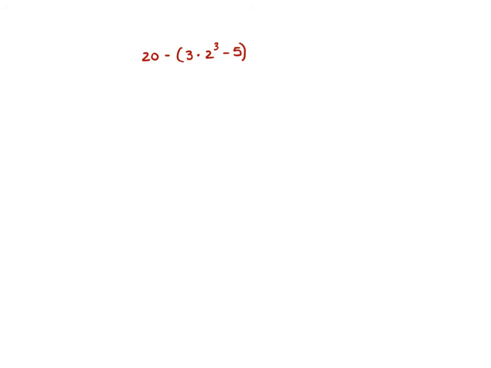Next example. Let's start inside the parentheses. And inside the parentheses, we have to do exponents first. PEMDAS, parentheses, then exponents. So it's 3 times 2 cubed. You can run off to the side and do that if you need to. Just means 2 times 2 times 2.